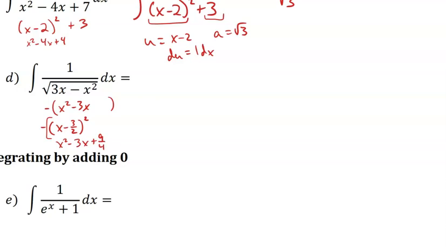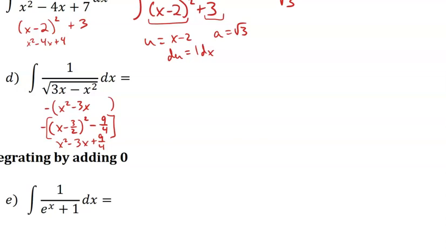So there is an additional 9 over 4 inside here that was not present originally, so I need to take that 9 over 4 back out. Then distributing my negative back, I'm going to have a negative on this and a positive 9/4.